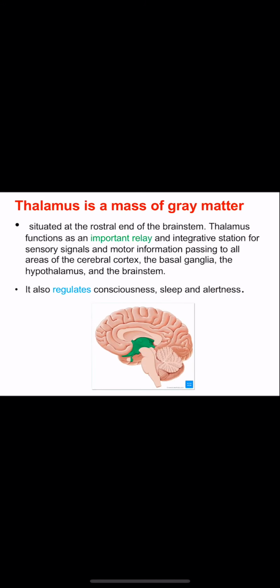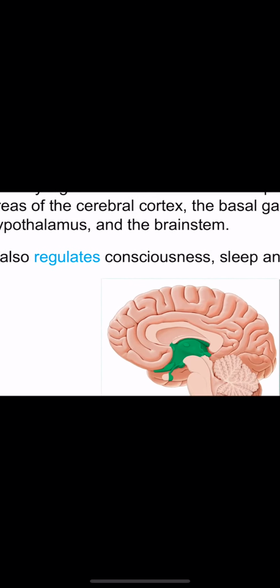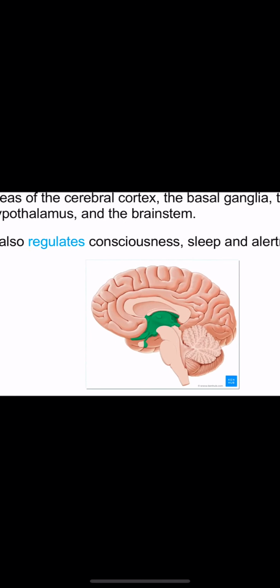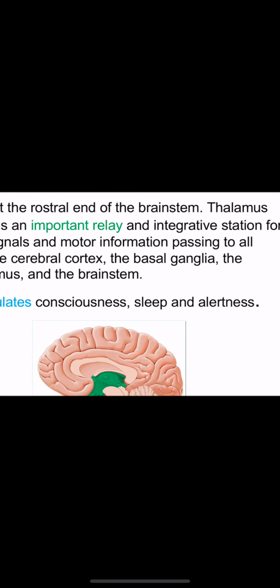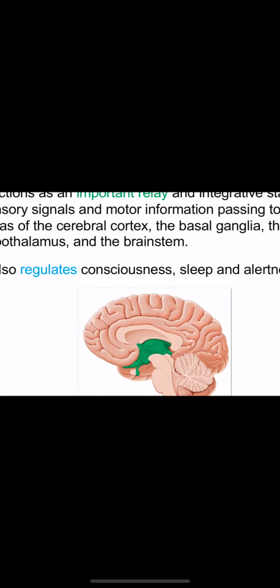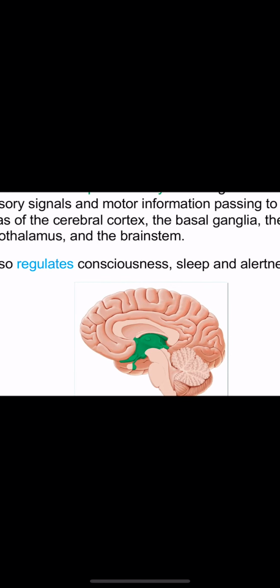The thalamus, as we mentioned, is a major mass of gray matter situated in the rostral end of the brain stem. It is also a very important relay for different sensory and motor signals that come from the peripheral body.